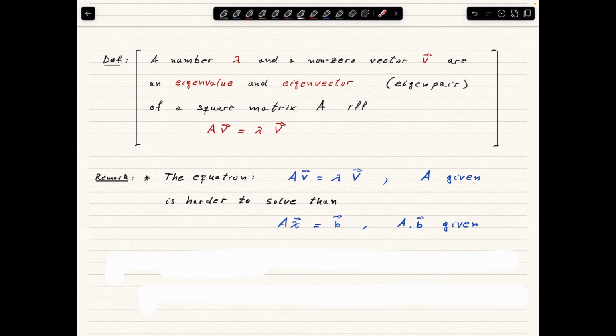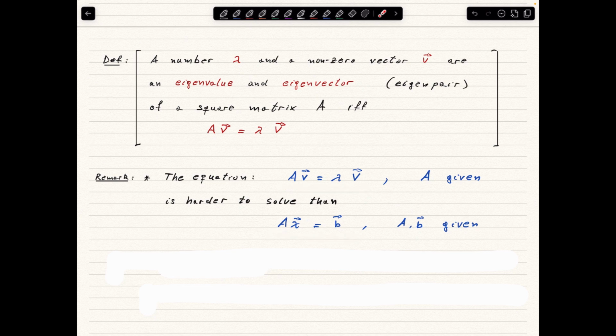But this equation is not the same as that equation, because the right-hand side is not given. Here, b is given, but here it is not. So if you multiply by the inverse, you are going to get that v equals lambda A inverse v, and you are exactly in the same place you started. So you haven't solved anything. This equation is a little bit harder to solve than that equation.